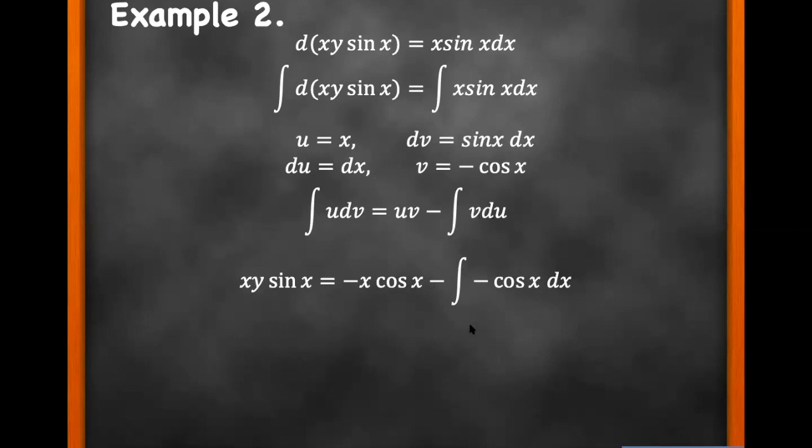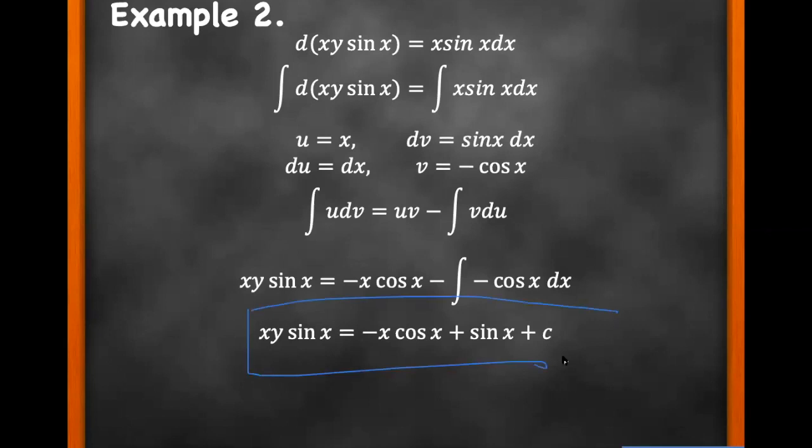So you can now integrate: you copy the left member of the equation, you copy the first term of the right side, and negative times negative is equal to positive. The integral of cosine of x dx is equal to sine of x. And then you add the constant of integration. And this is now our final answer. So that's it.